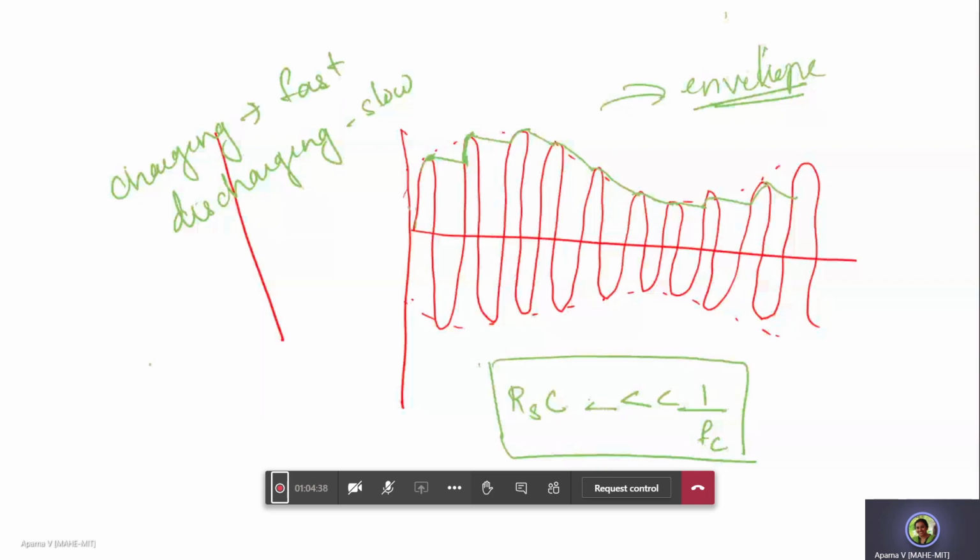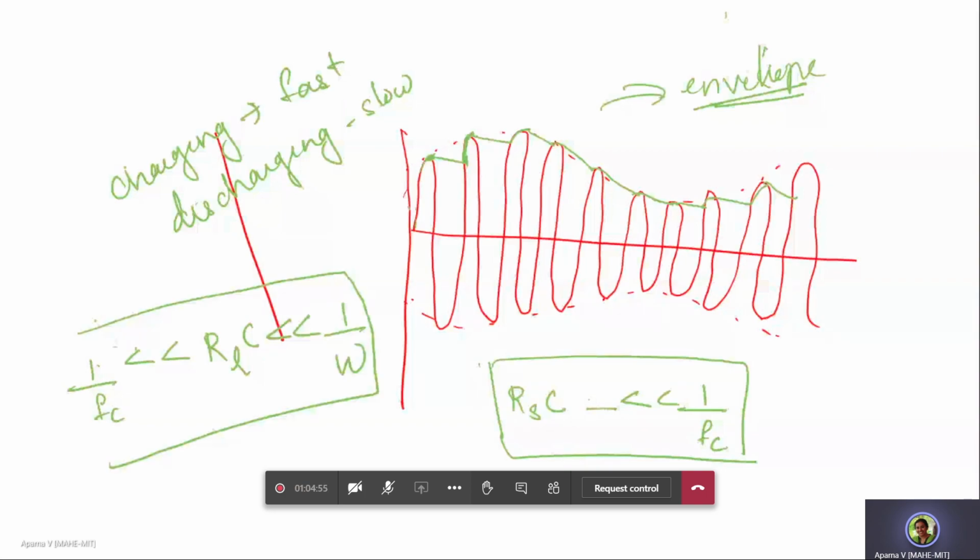If you continue that way, you are going to get the envelope back, and the condition will be 1 by Fc is much less than RLC, which is less than 1 by W. RLC, with the load resistor, is the discharging time required for the capacitor, and RSC is the charging time constant for the capacitor.